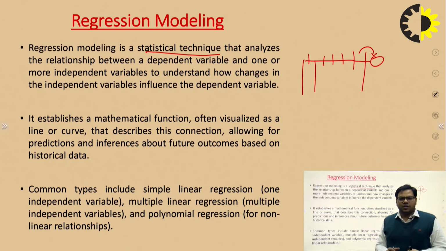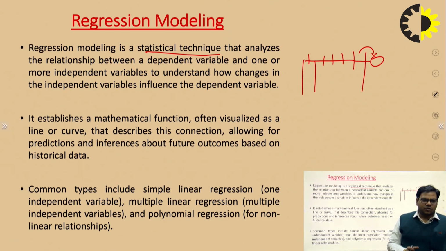For example, if I talk about sales data, the consumer age could be a factor, the consumer location could be a factor, customer segmentation could be a factor, the currency may be a factor.